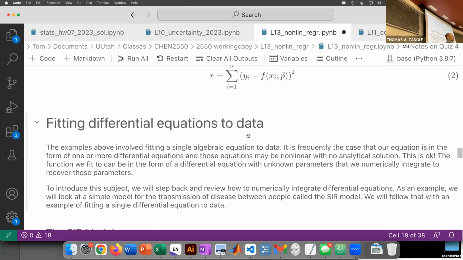And if we have a closed form solution, so if we have an equation that directly relates those things together, our function basically just computes those things. But there's really no reason that it has to be that way. We don't have to have a closed form solution. We don't have to be able to express it as just a single equation.